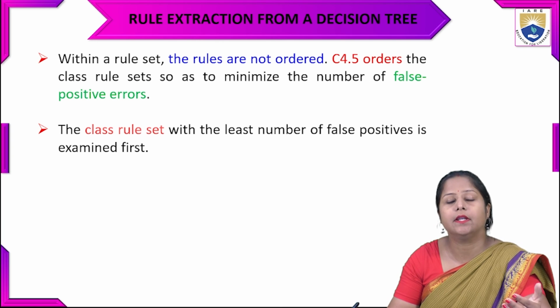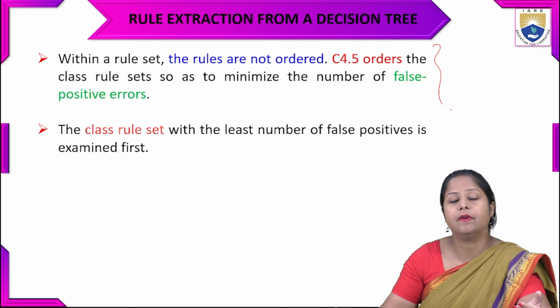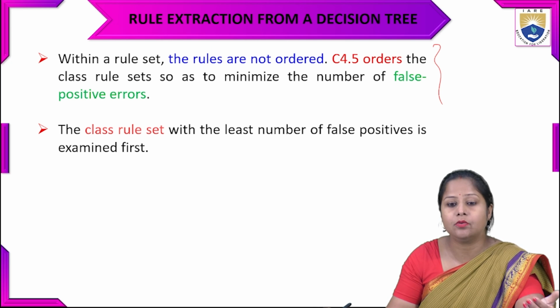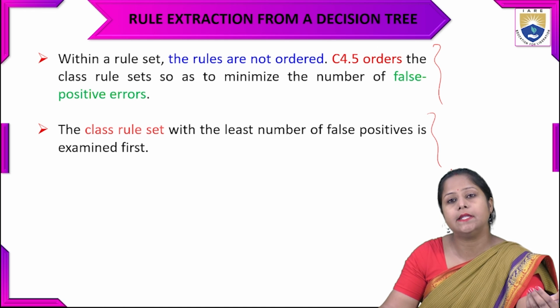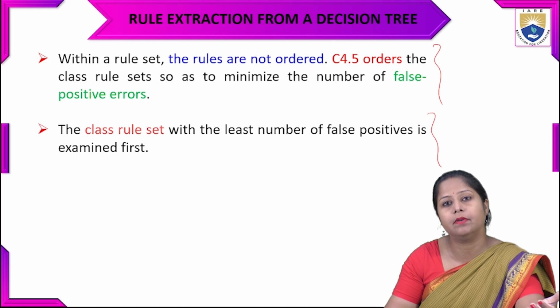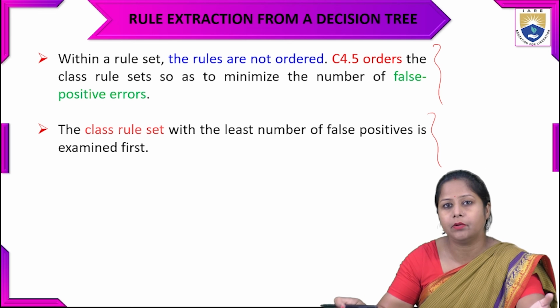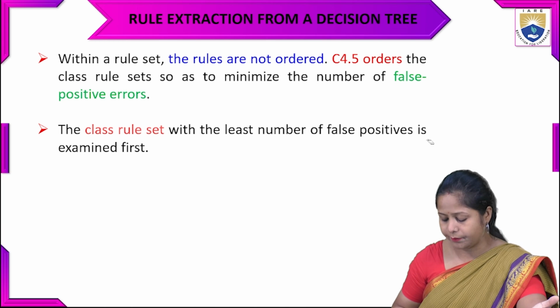One property of the C4.5 decision tree is that it orders the class rules so as to minimize the number of false positive errors. So in the class rule set, the one with the least number of false positives will come first and will be taken first. So that was all about the decision tree.